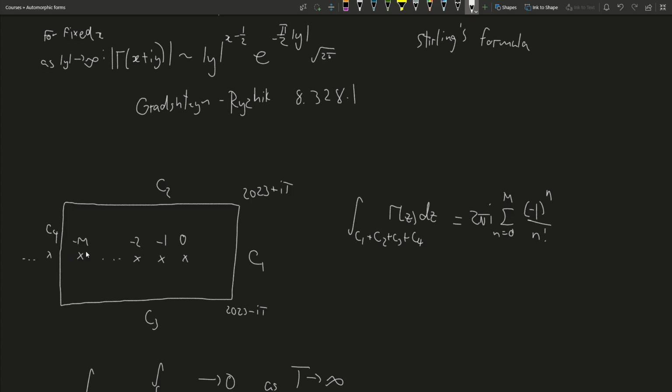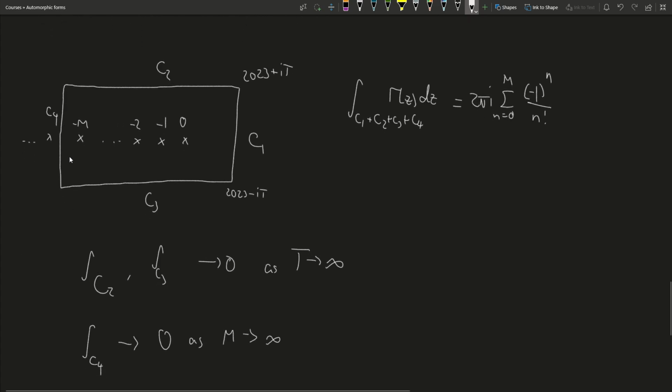Again, you can be more careful about this if you want to. You can use some recursion relation for the gamma function to show that its value at this point is going to be something like 1 over m factorial. And so the integral along C4 is going to be small as long as you go between these two poles. If you hit a pole, of course, then it blows up. So don't do that. And so this integral along C4 is also 0.